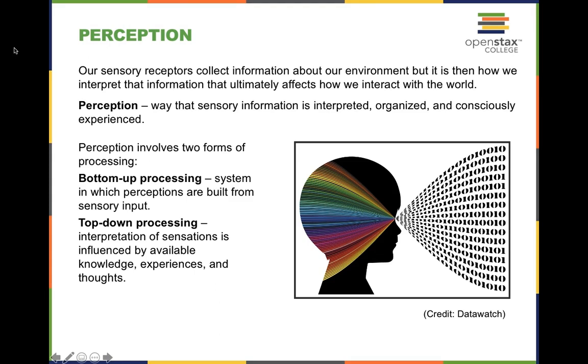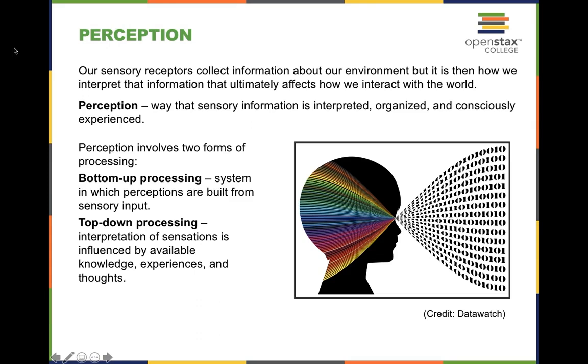We've got what's known as bottom up processing as well as top down processing in our experiences. So bottom up processing is whenever we build our perceptions from sensory input. We don't have any prior experiences to relate it to or to build upon. We're strictly receiving that sensation and then we are interpreting our experiences of it from the bottom up.